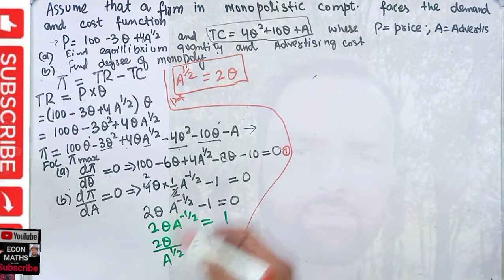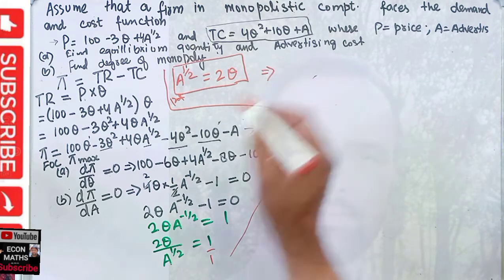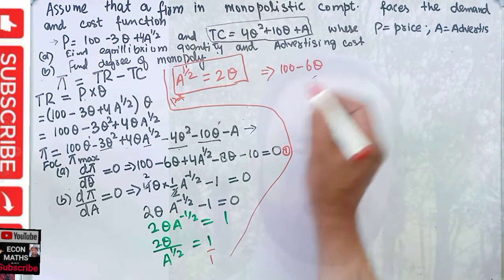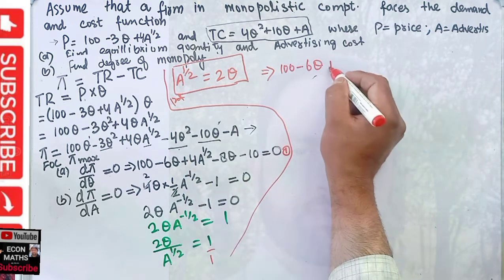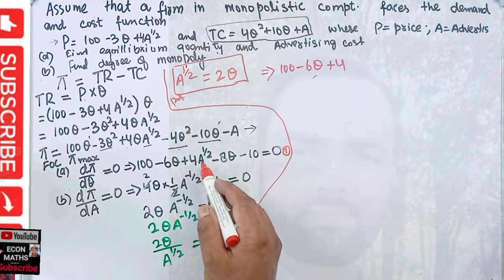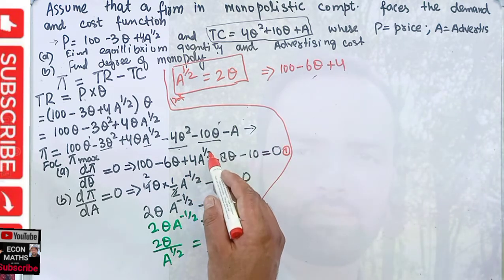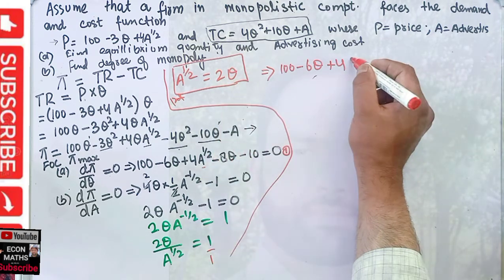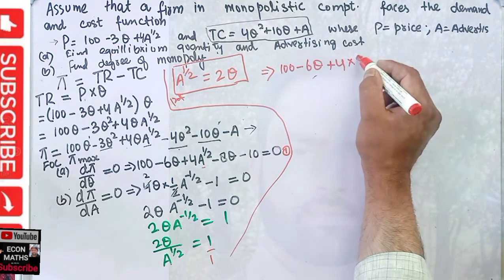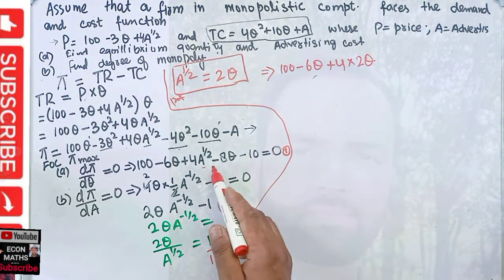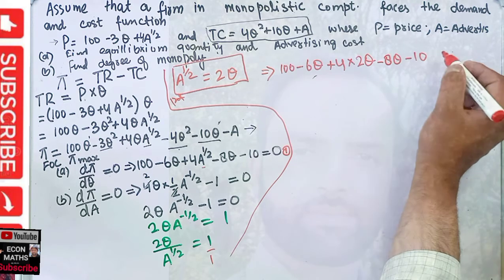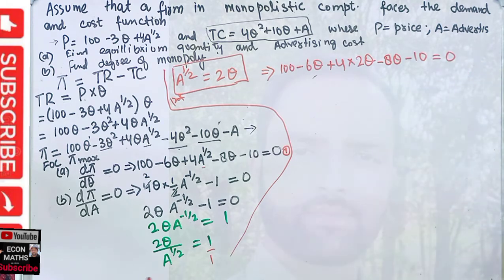That means we have 100 minus 6q plus 4. Now a to the power 1 by 2 is equal to 2q, so in place of this we have this 2q, minus 8q minus 10 is equal to 0.